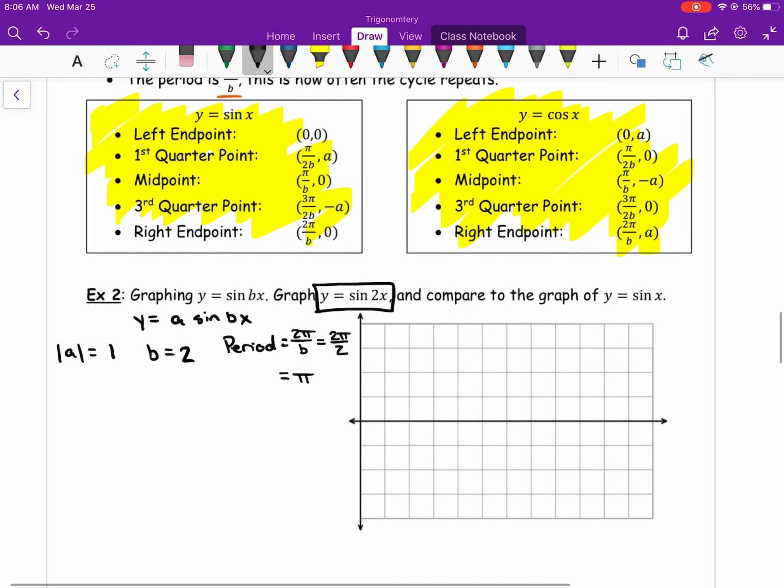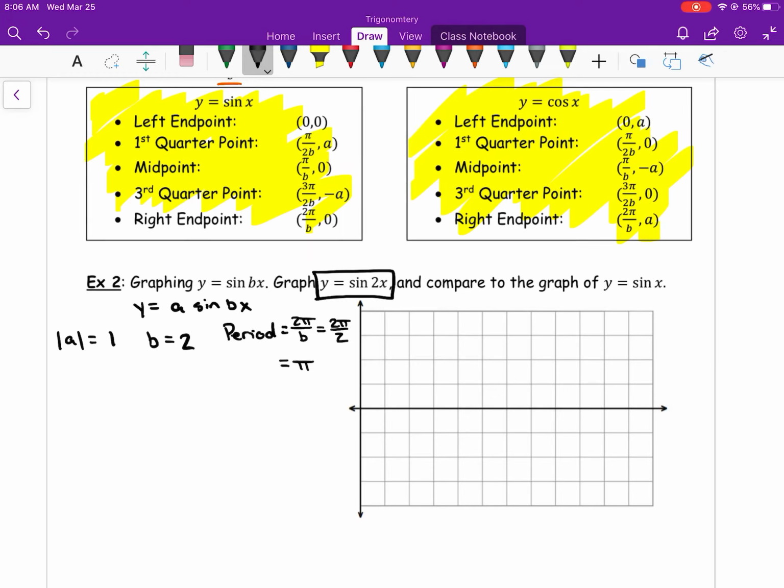So the next part, since we're dealing with sine, we're going to use the y equals sine of x pattern right here. So my left endpoint is an easy one, at 0, 0.